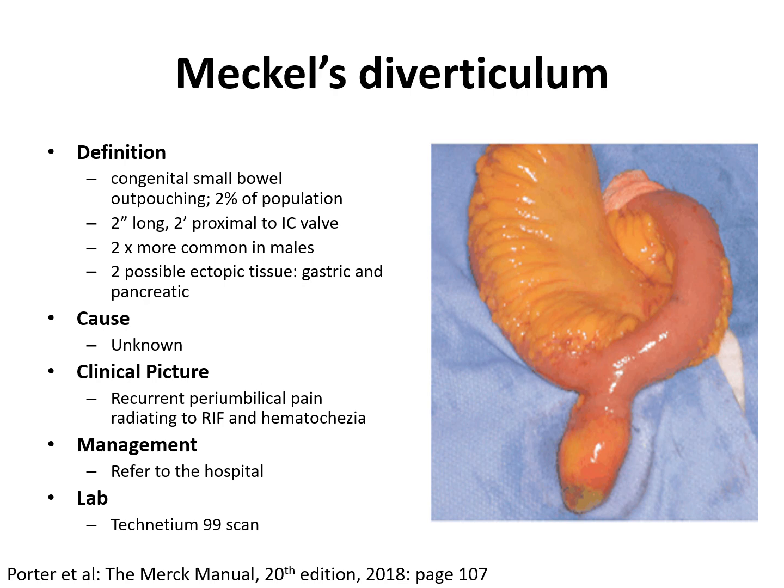It's approximately 2 inches long and it is found 2 feet proximal to the ileocecal valve. It is twice as common in male children as opposed to females, and normally the diverticulum, since it's a small bowel diverticulum, will be lined by columnar epithelium with a brush border.